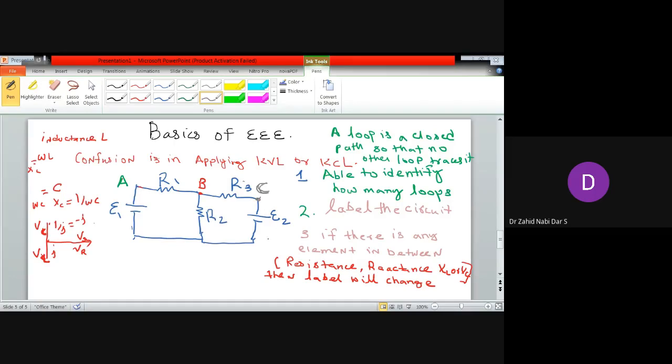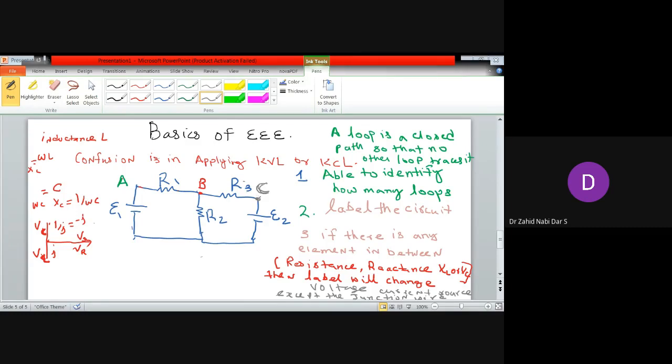Again, the element can be a voltage source also. Not only this, it can be a voltage or a current source, anything that is coming, except the junction wire. The rest can be anything, can be an element.